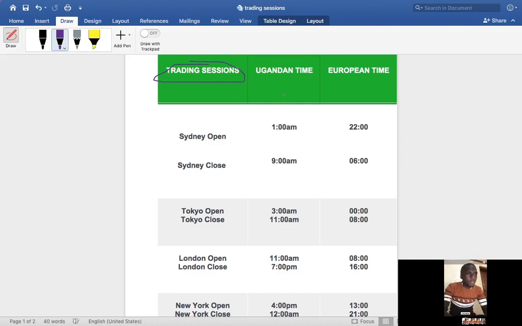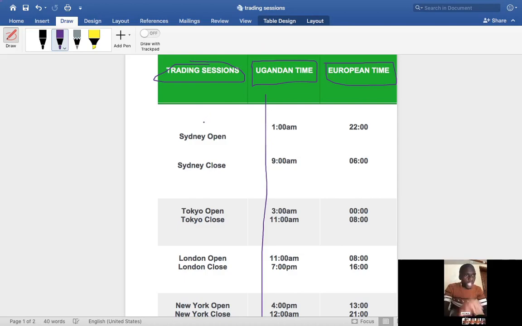The time in this column represents the time you're supposed to trade when particular markets or trading sessions open for Ugandan time. And I also made sure I created a column for guys in Europe, for those of you that can directly convert the time when they are in Europe and would literally want to use this.